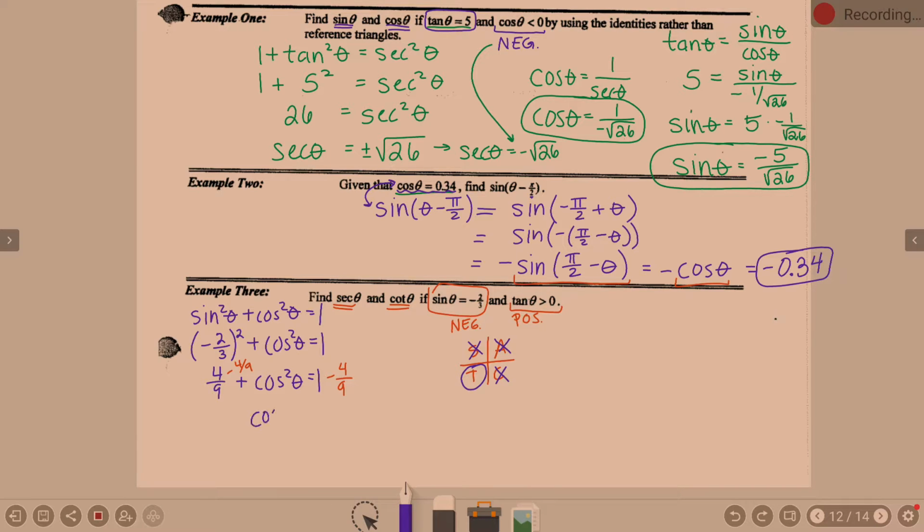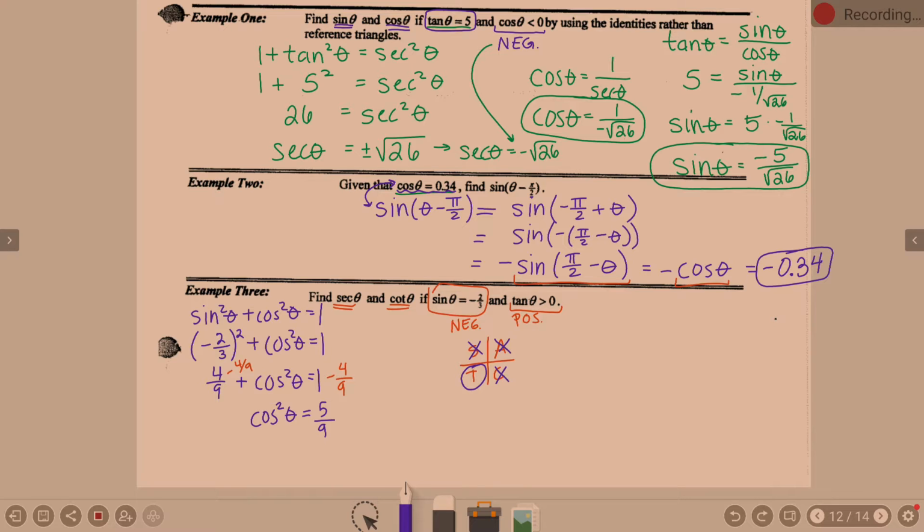Cosine squared theta equals, what's 1 minus 4/9? 5/9, right? Because 1 is 9/9. 9/9 minus 4/9 is 5/9. If cosine squared theta is 5/9, how do I get rid of the squared on cosine? Take the square root.